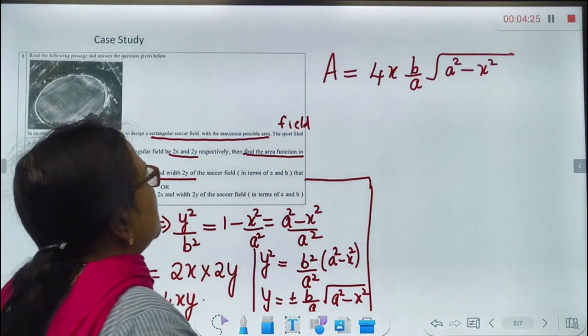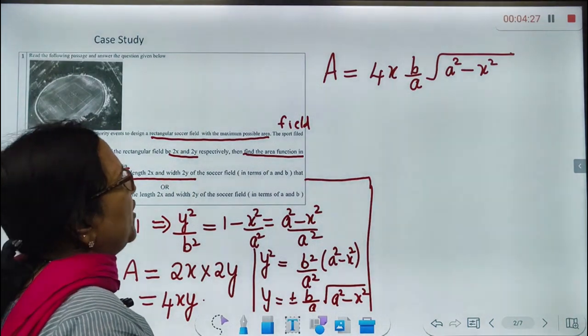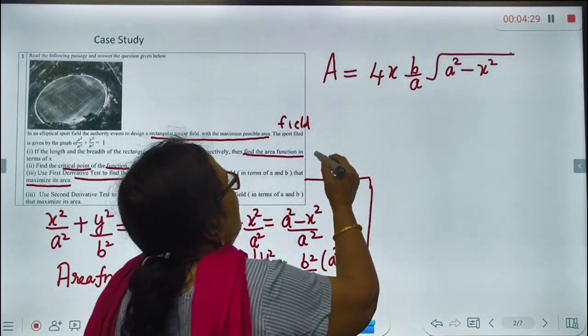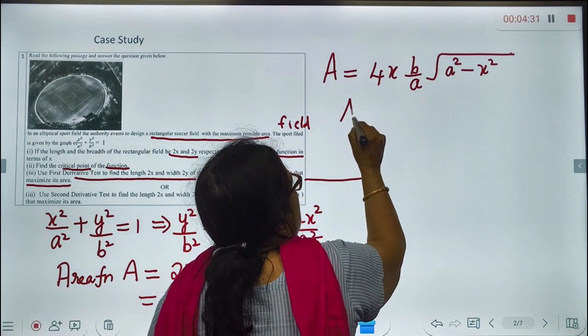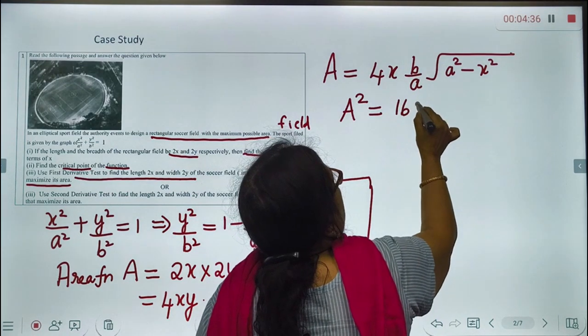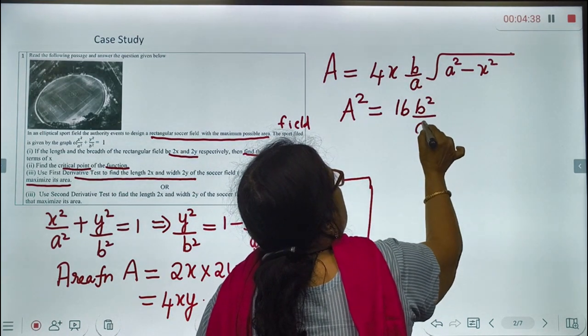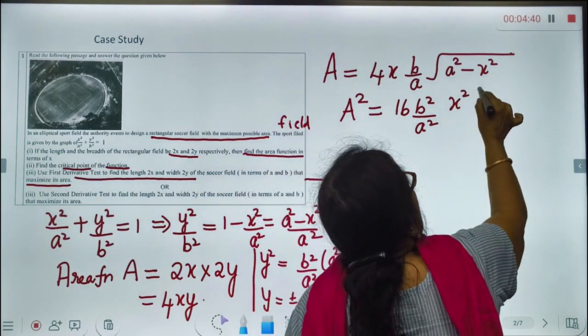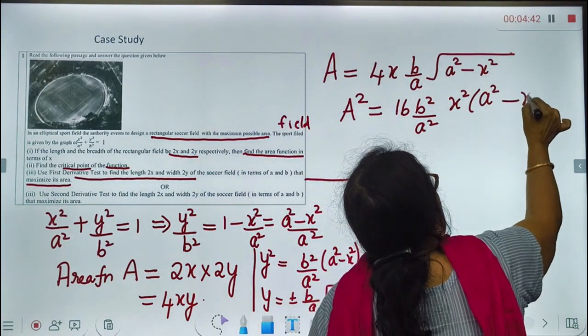So now, this is 4x b by a into root of a square minus x square. For convenience of differentiating, I am going to write A square as 16 b square by a square x square into a square minus x square.